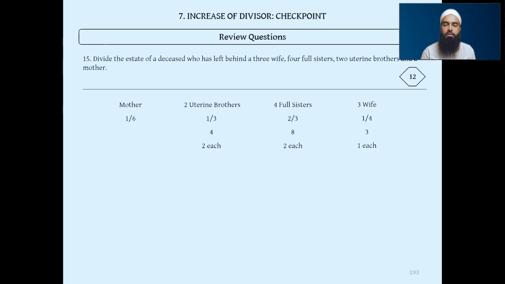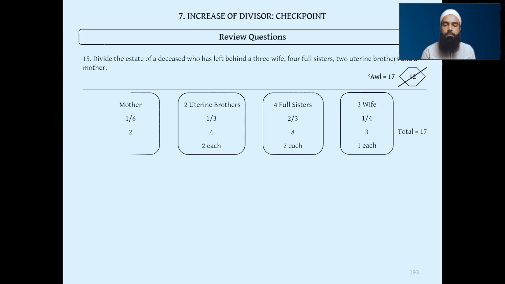And the mother gets 1/6 of the 12, which is 2. We add it all up. We start with the 8, the bigger number, easy to work with. 8 plus the 2 is 10, plus the 4 is 14, plus the 3 is 17. So our Aul here now becomes 17. So this is the example here.